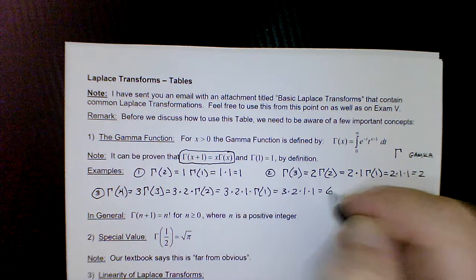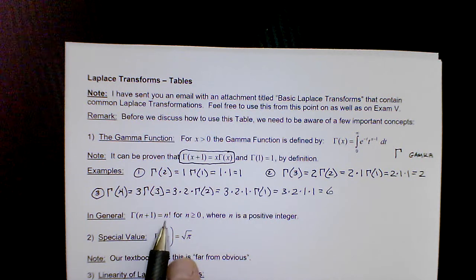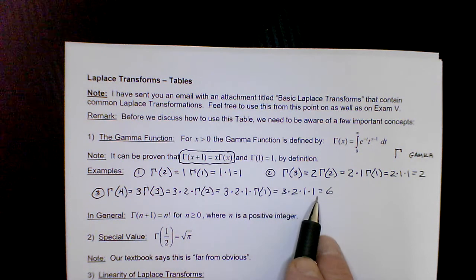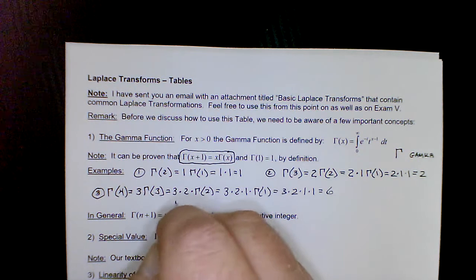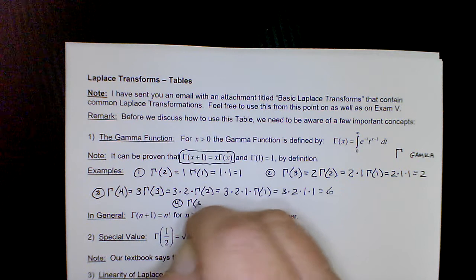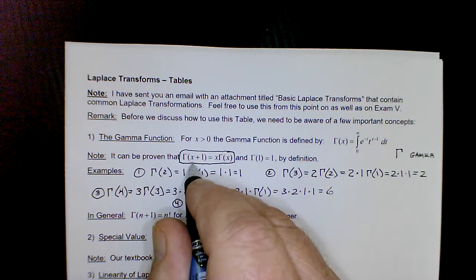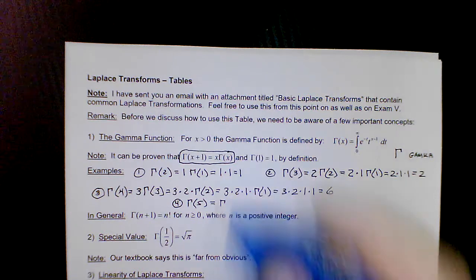So when it's gamma of 4, you would have n as 3, so that's 3 factorial, and that's exactly what we have here. And if you want to go further, I guess I will for the fun of it. Let's say gamma of 5, just to illustrate the concept. It means x is 4, so 4 times gamma of 4.